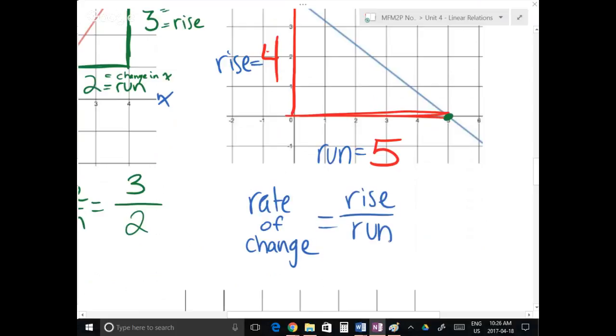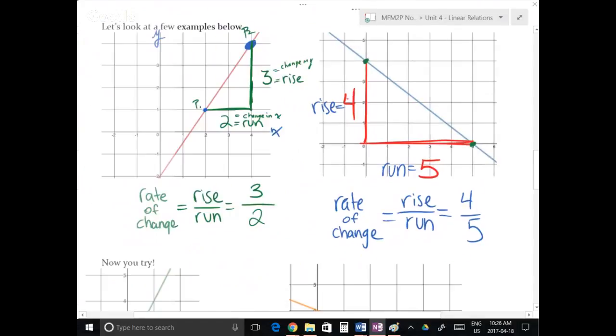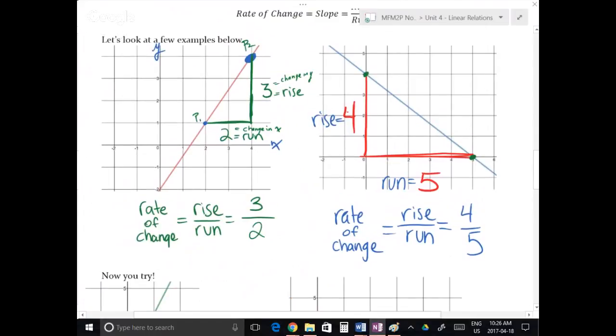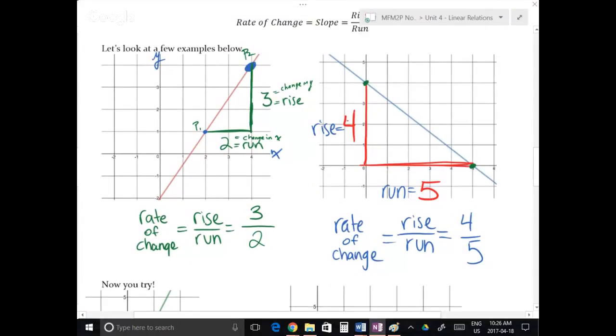So what's it actually equal then? 4 over 5. Brilliant. We're almost ready to send you off to work. I just have one question. Look here. Which one makes a steeper roof, by the way?